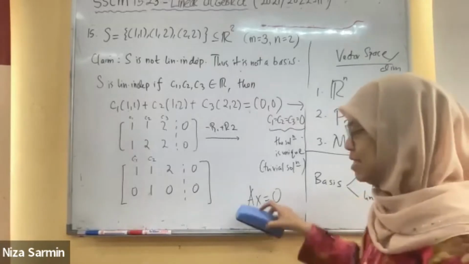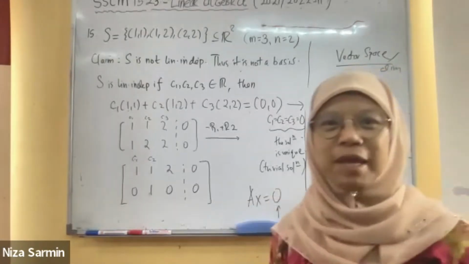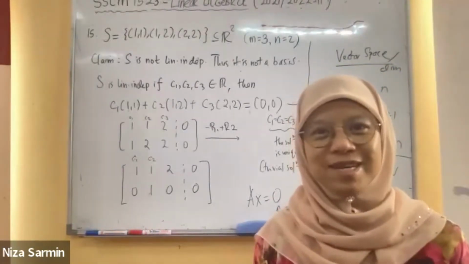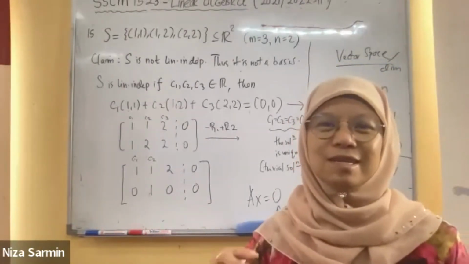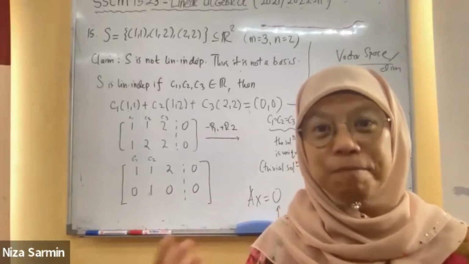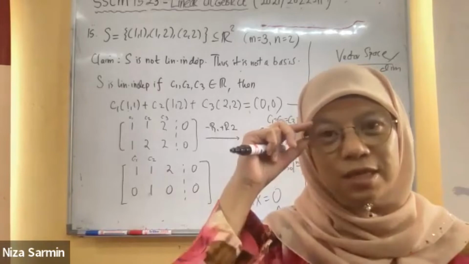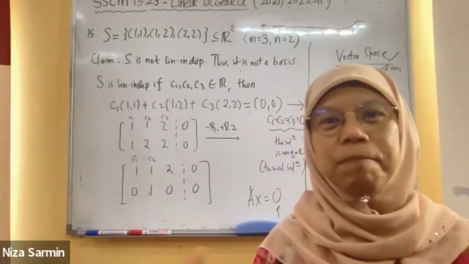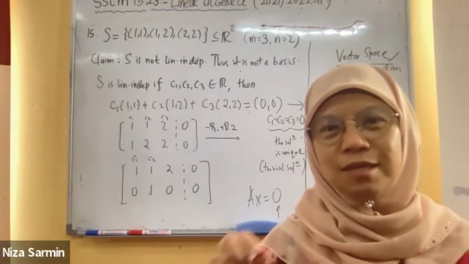Do you realize I always said linearly independent and I didn't say linearly dependent? Because the basis is if it is linearly independent. So if you answer, it is not a basis because it is linearly dependent, I might deduct 1 mark.